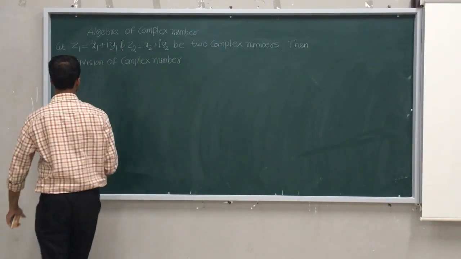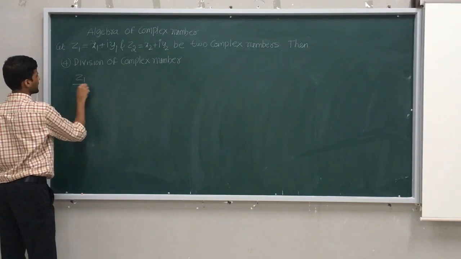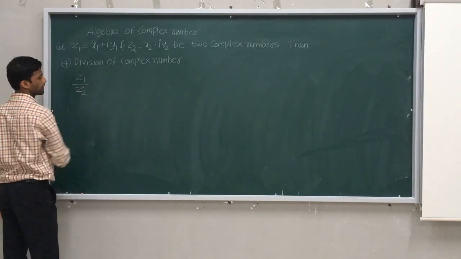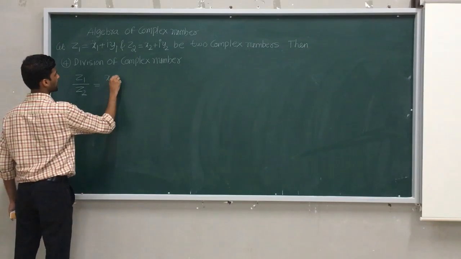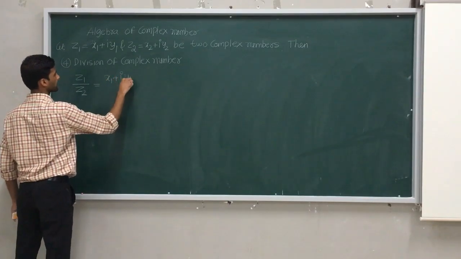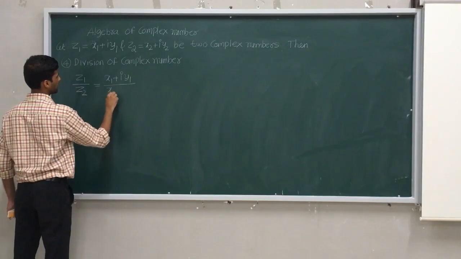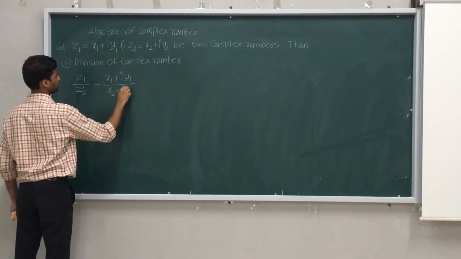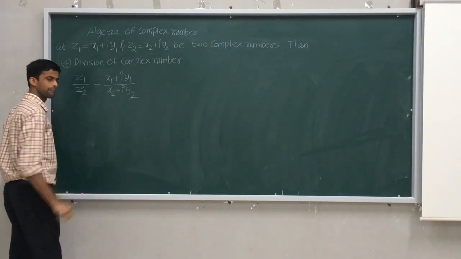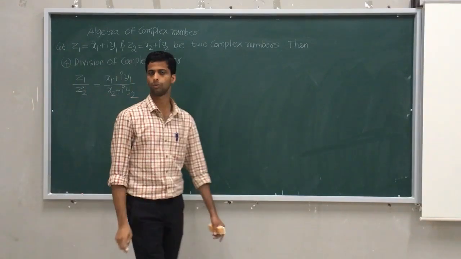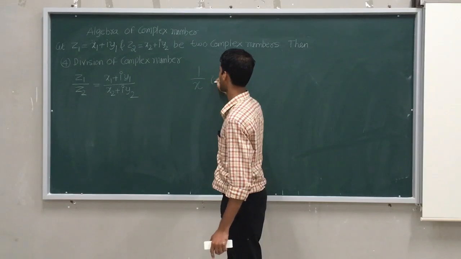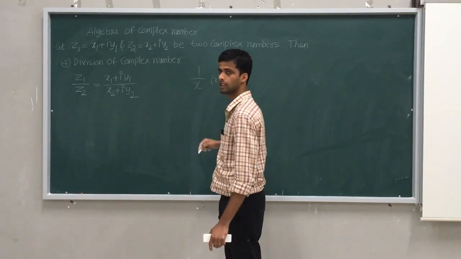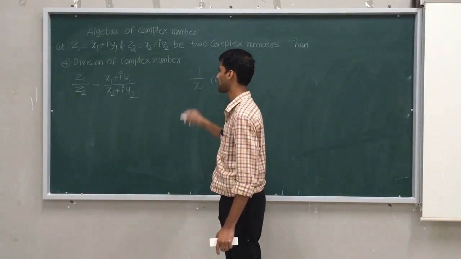So what we will do is take z1 divided by z2, which is nothing but x1 plus iy1 divided by x2 plus iy2. One thing to keep in mind: we all know if I write 1 by x, I always avoid x equal to 0 because 1 by 0 is not defined.